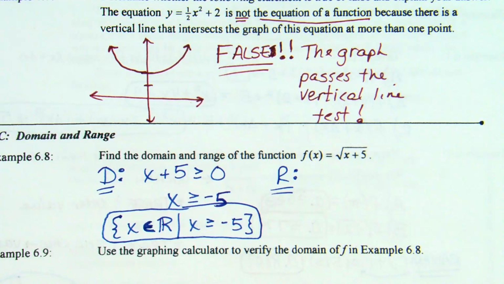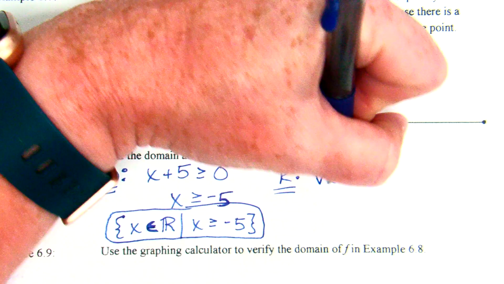If this whole function is a square root, what are the only type of answers that I'm going to get? Real numbers that are what? Greater than or equal to 0. In other words, remember this earlier? The idea is the square root of x plus 5. That right there has to be positive, right? Greater than or equal to 0.